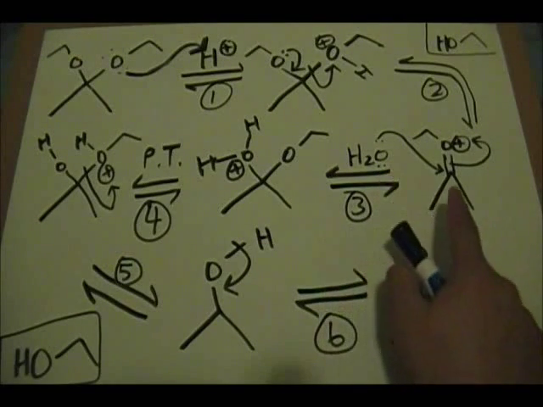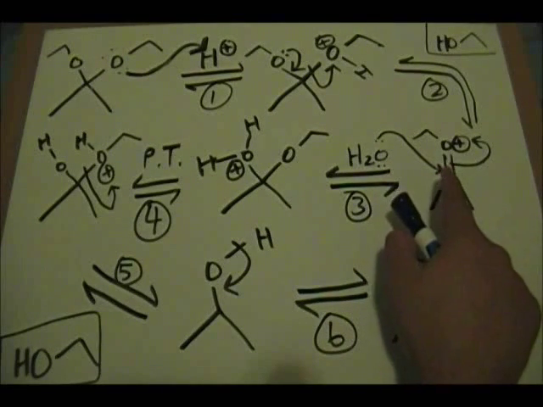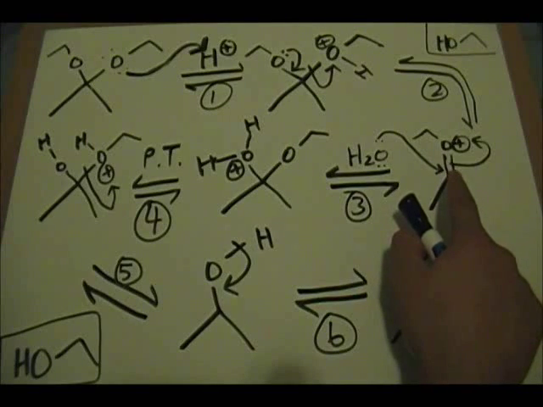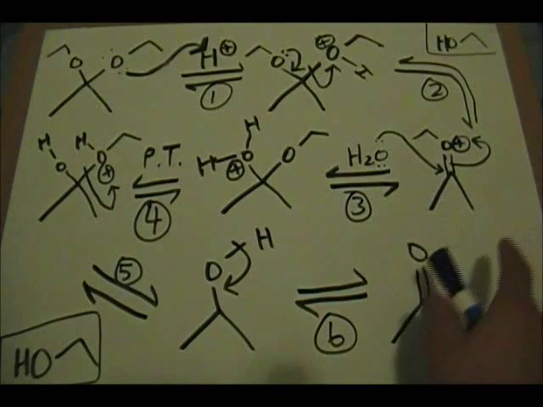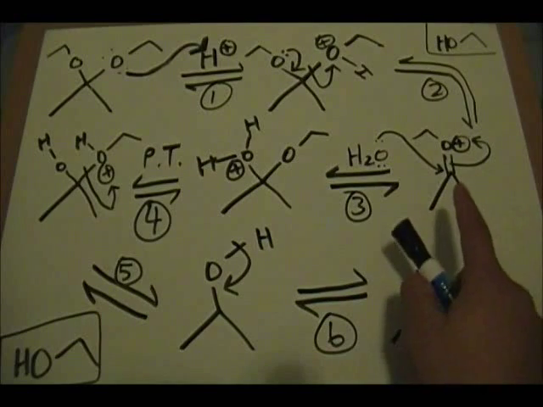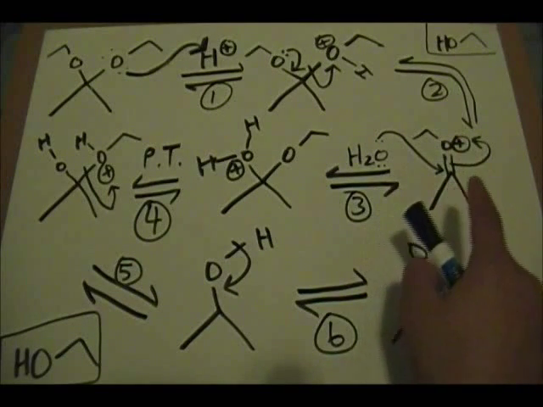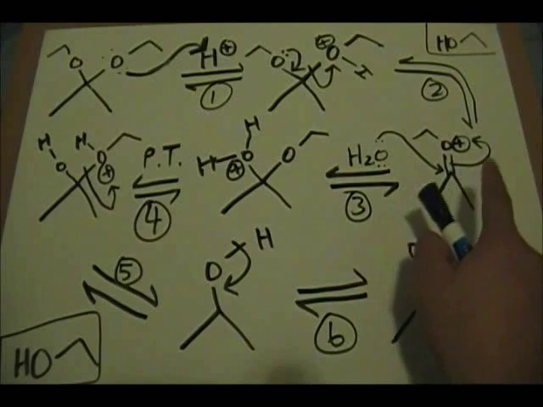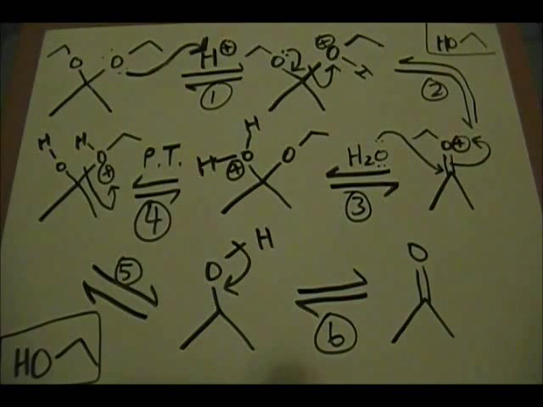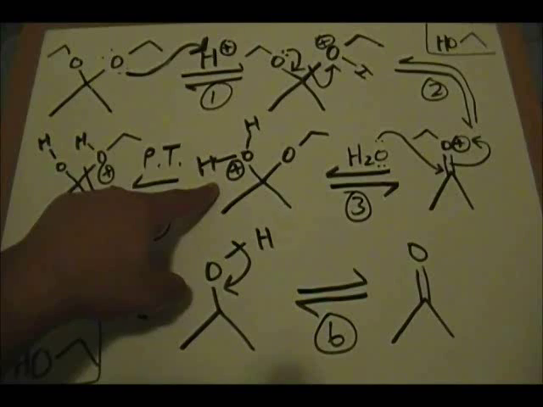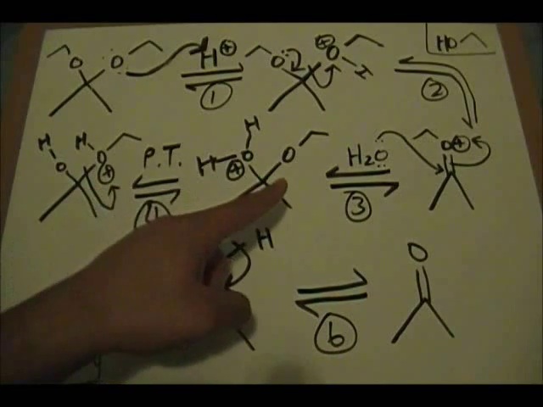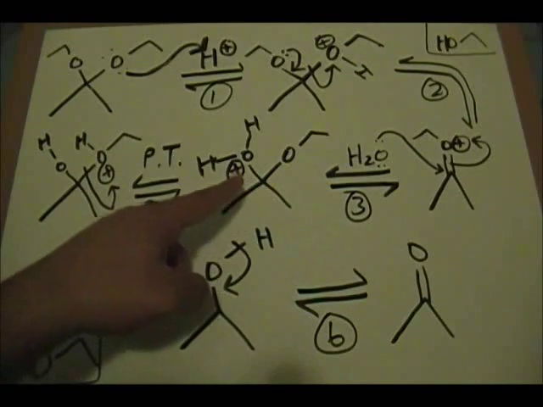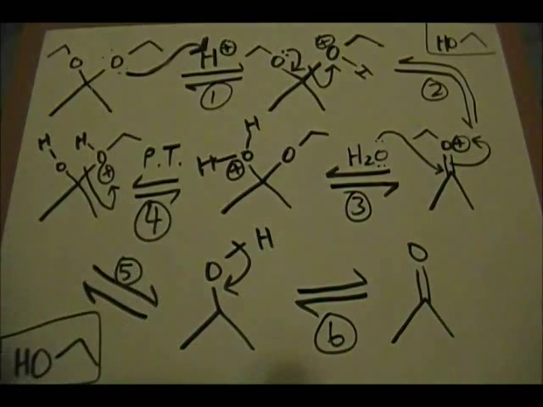So the oxygen forms a bond with this carbon, kicking off one of the bonds of the double bond onto the oxygen, and now you have formed this intermediate here. You have one of your ethers, and you have this intermediate over here, this oxygen with three bonds.